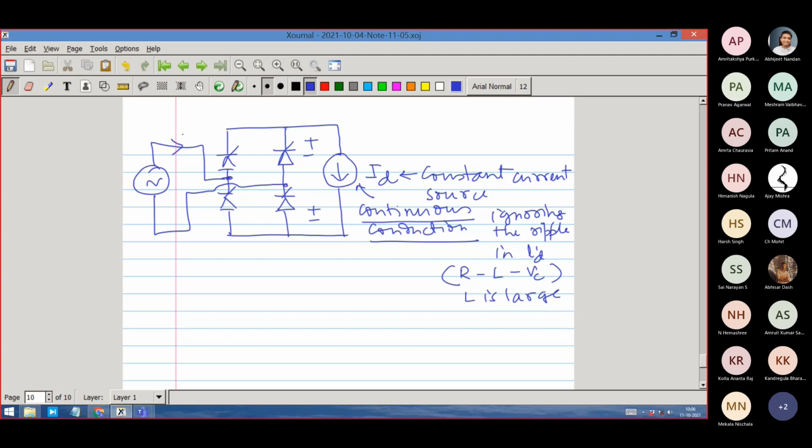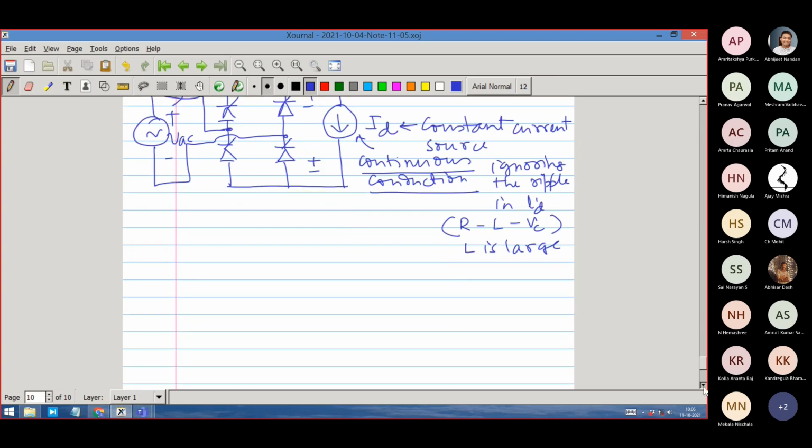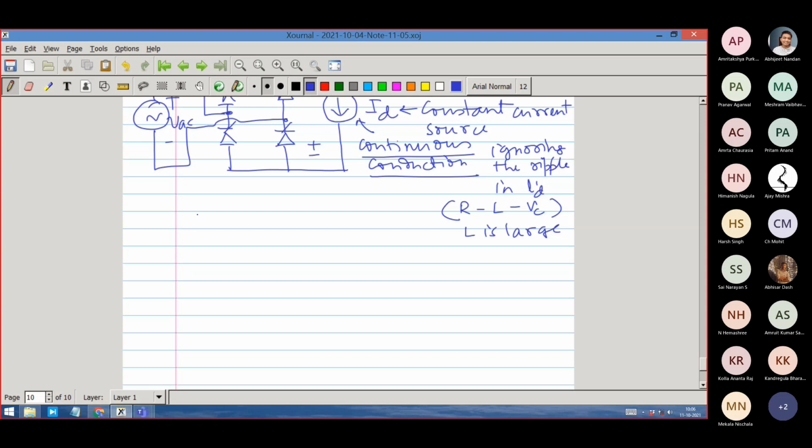This is IAC, AC current. This is VAC. Now we have already, when we sketched the VAC and IAC, done it. Let me do it one more time. And what will be the current waveform? The current waveform will be based on the firing angle.